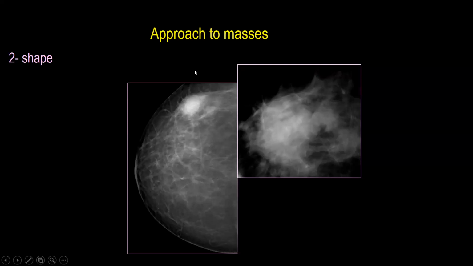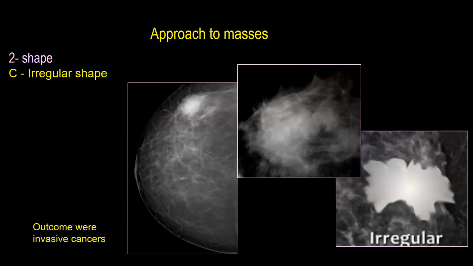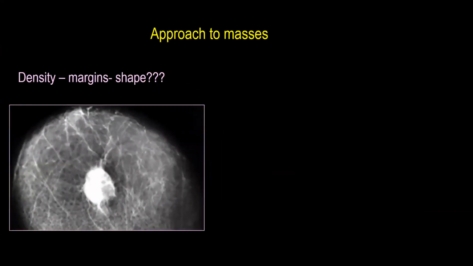It is helpful in delineating the margins and characterizing lesions much better than the standard view. Here you can confidently say this is an irregular mass, though there it might appear as an indistinct oval mass.